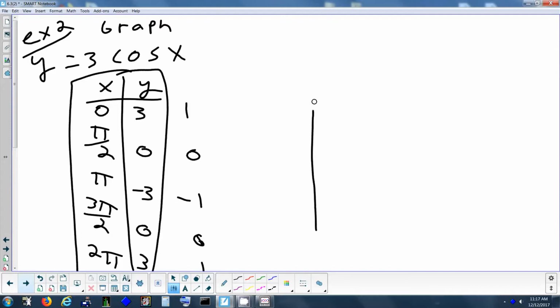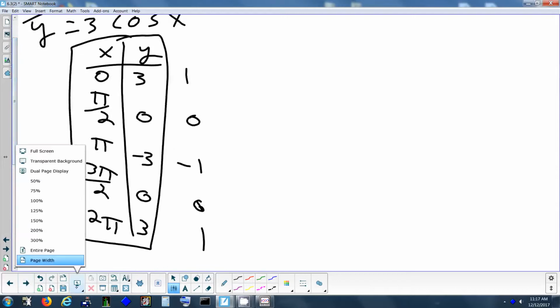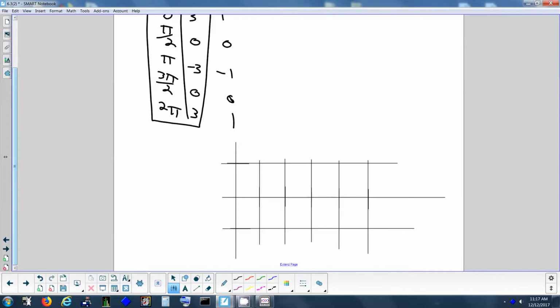Okay, so actually I think I already have graphs set up. Okay, question on the table. All right, so now when I set up my graph, I can go by 3s. The axis is 0, 3, negative 3.